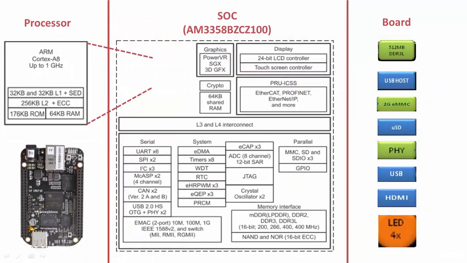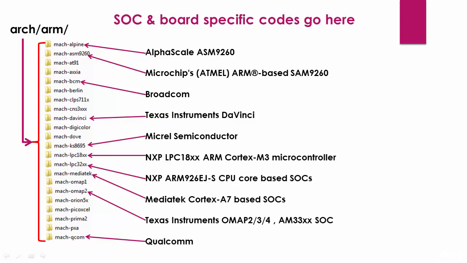Now, the code specific to the SoC will go into this directory, which has a prefix mach. Okay, for example, the AM335X or OMAP2, 3 or 4 SoC specific codes from Texas Instruments will live in this directory, arch/arm/mach-omap2. Or you can call that as machine OMAP2.